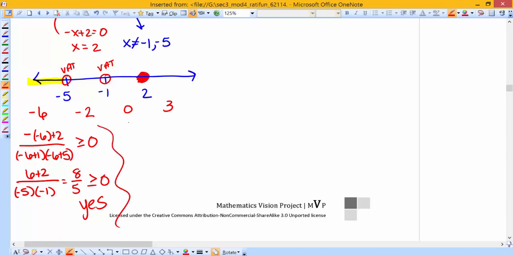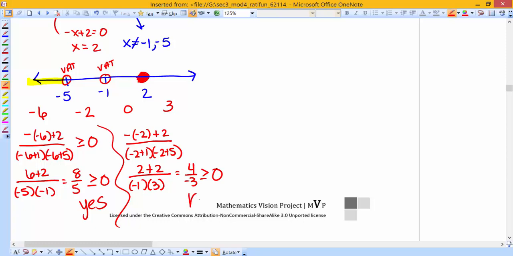Okay, now I'm going to plug in -2. -2 plus 2, -2 plus 1, -2 plus 5. So let's see, this is going to be 2 plus 2, -1, and 3. So this is going to be 4 over -3. Is that greater than or equal to 0?